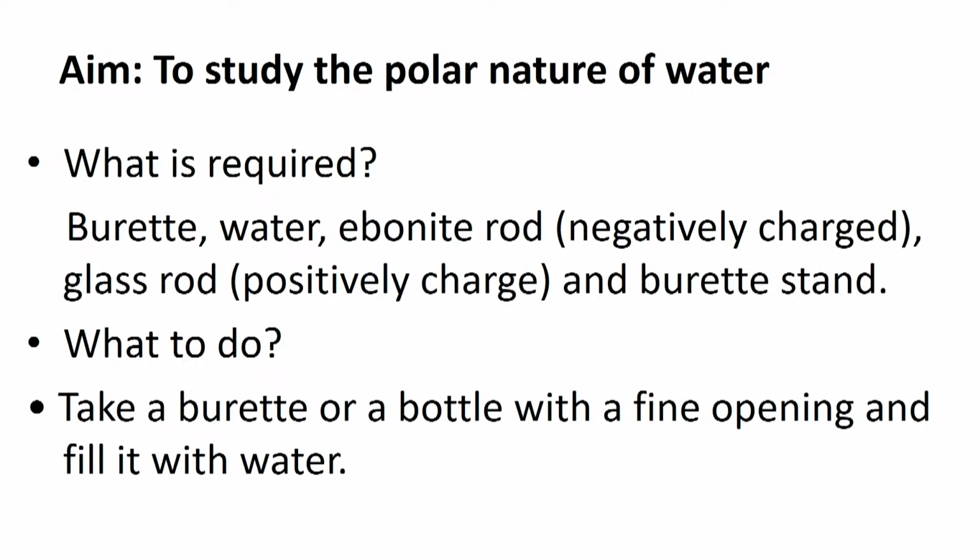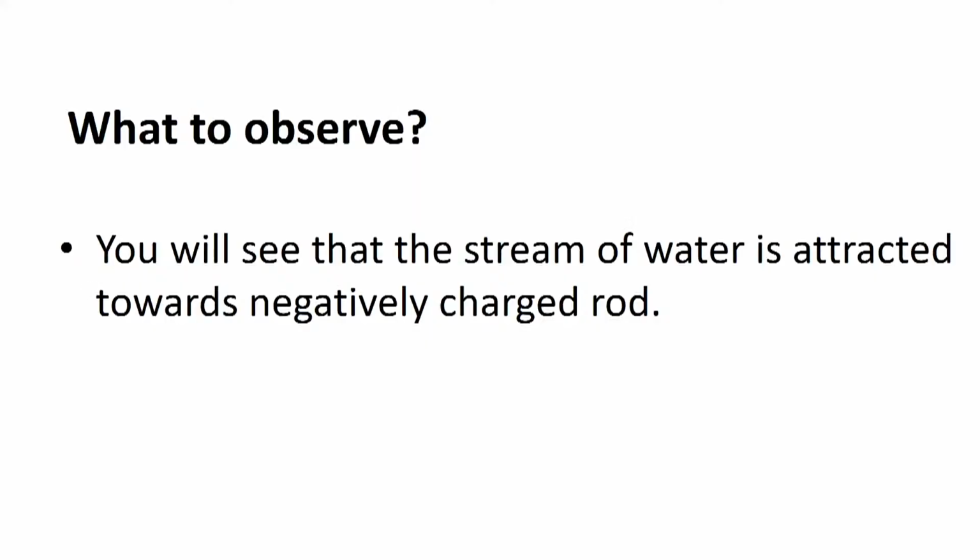What we require: burette, water, ebonite rod, glass rod and burette stand. What to do? Take a burette or bottle with a fine opening and fill it with water. What to observe? The stream of water is attracted towards the negatively charged rod.